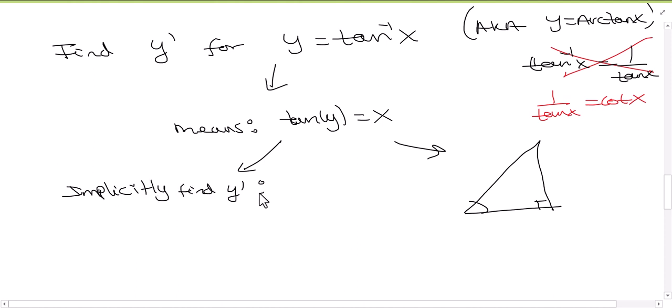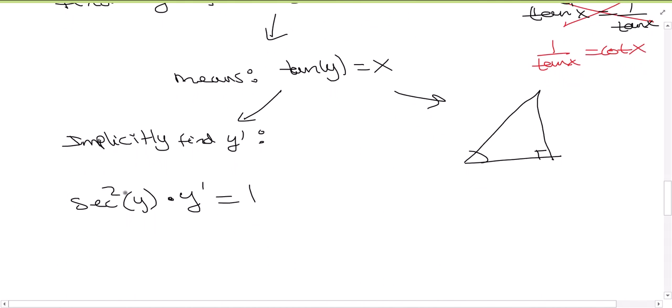So I'm going to take the derivative of both sides with respect to x. So the derivative of tangent is secant squared. So I'm going to have secant squared of y times, by chain rule, the derivative of the stuff, y prime, equals the derivative of x with respect to x, which is just 1. And solve for y prime. So y prime is going to be 1 over secant squared of y.